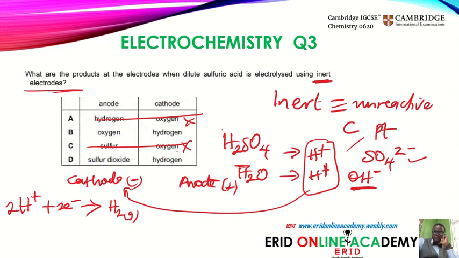If your hydroxide is discharged, like I said earlier, that means you have 4 hydroxide ions losing 4 electrons to give you 2 water and 1 oxygen. If you look at the equation, it's absolutely balanced. So oxygen is produced at the anode. Your correct response is B.